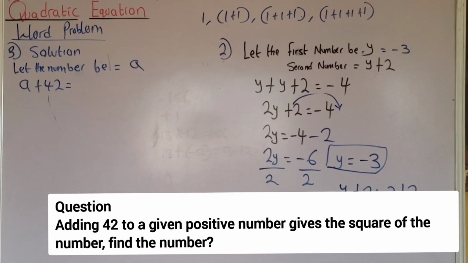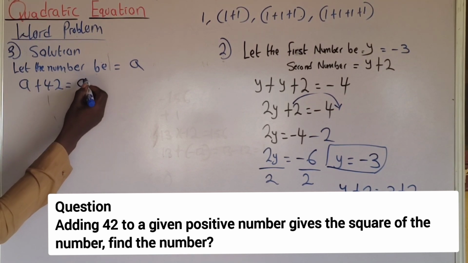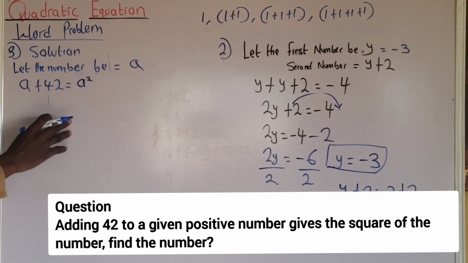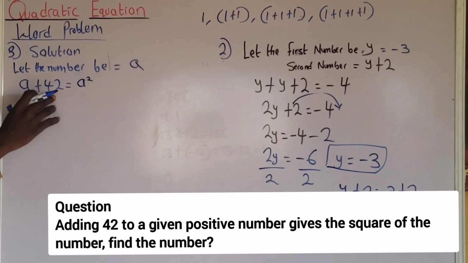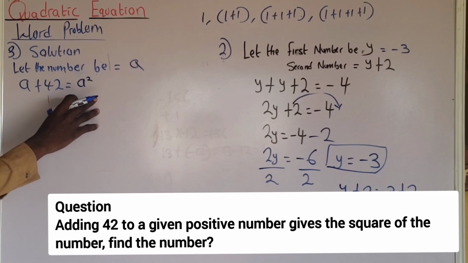It gives the same result as squaring the number. So that means A plus 42 is equal to A squared. Do you understand what I did here? That is the interpretation of the question. If we add 42 to a given number, we get the same result as the square of the number. We don't know the number, so we represent it as A. So I add 42 to A, then it is equal to the square of A. You understand?